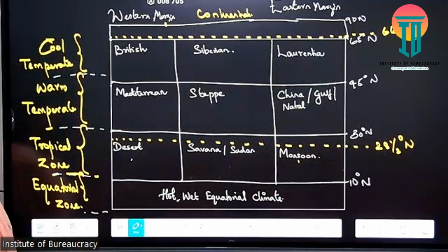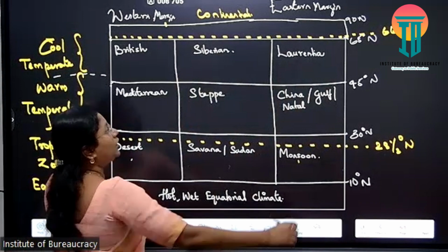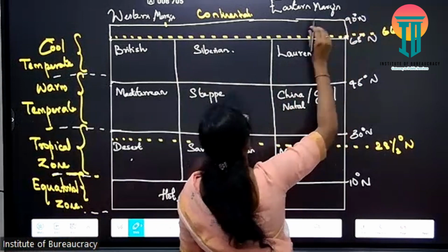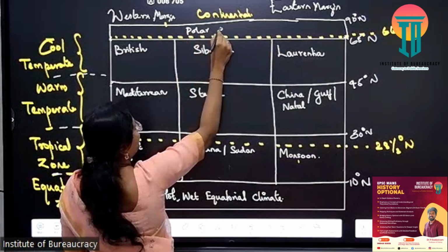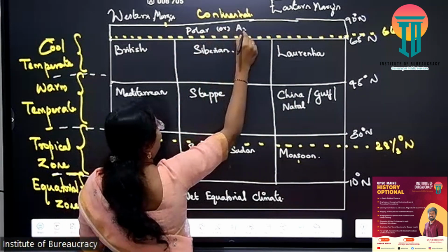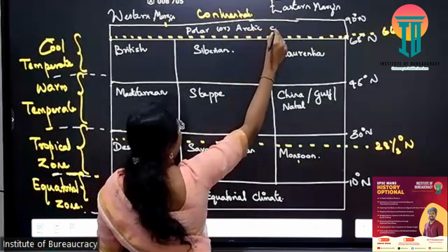And above 65 and north to the polar region, this is your polar or Arctic climate.